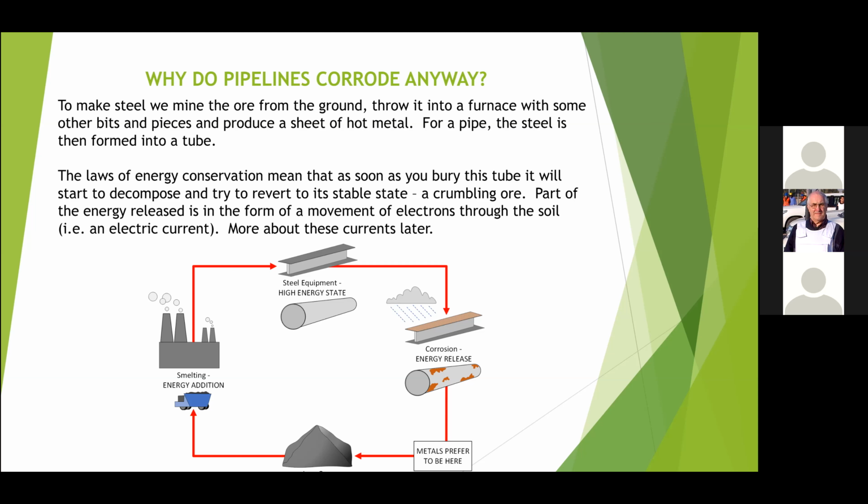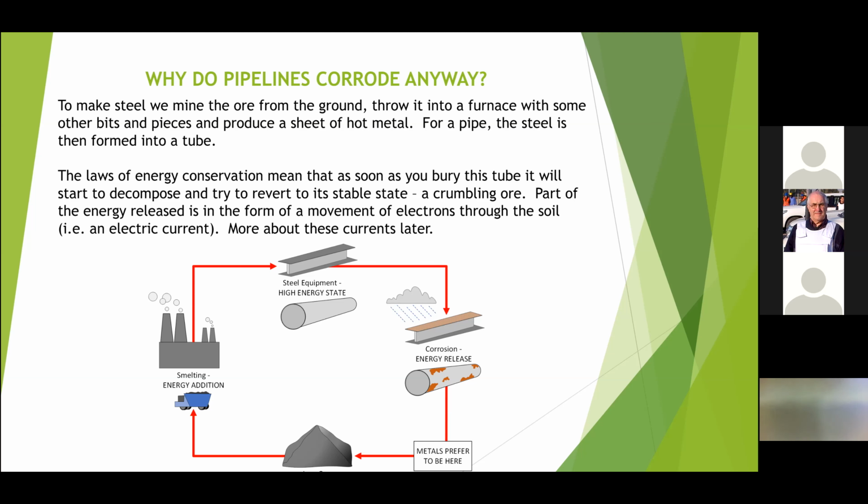But then we dig it up, which takes an awful lot of energy. We drag it to the surface, and then we move it to a big smelting place where we heat it to enormous temperatures and throw in a couple of other bits and pieces to the mix. And then eventually we get this bit of red hot molten steel coming out. And then, if it's a pipeline, we roll it and make it into a tube.